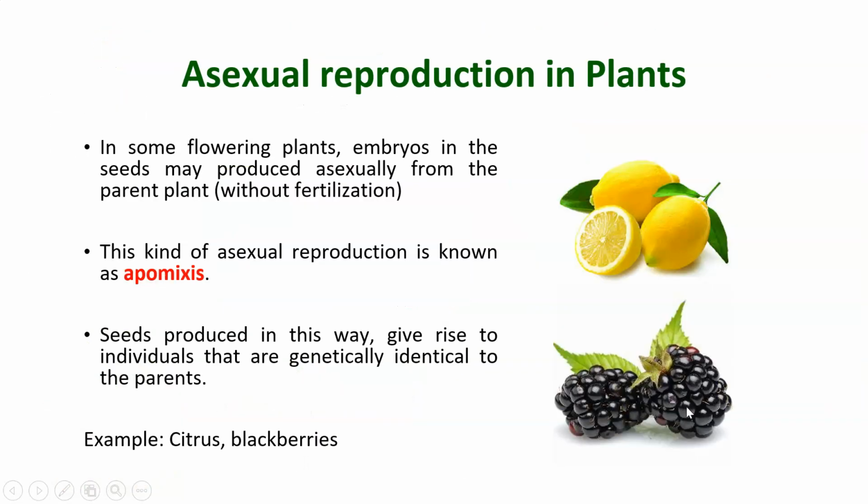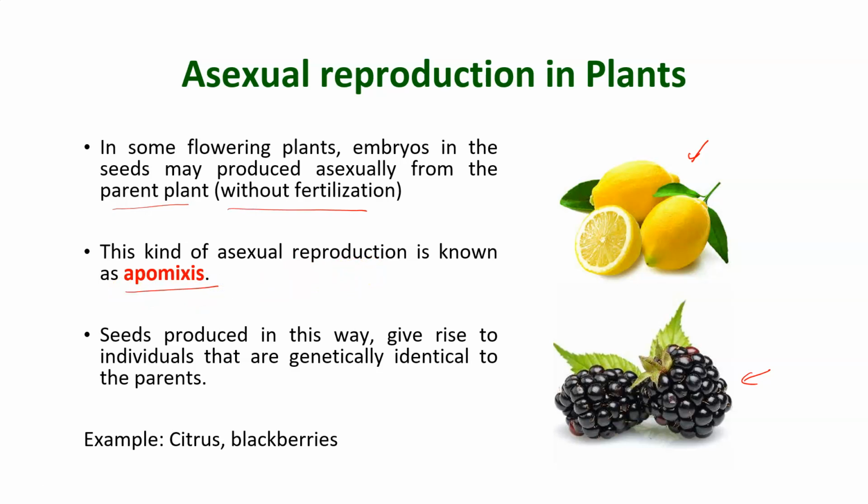In some flowering plants, embryos in the seeds may be produced asexually from the parent plant without fertilization, such as citrus, lemon, and also blackberries. They have seeds, and these seeds can produce offspring without fertilization occurring. This kind of asexual reproduction is known as apomixis.